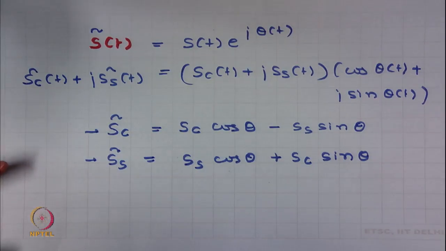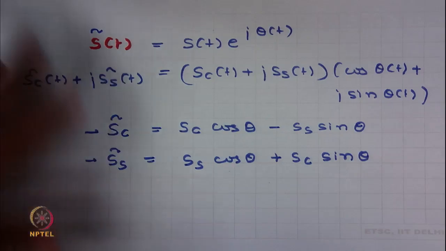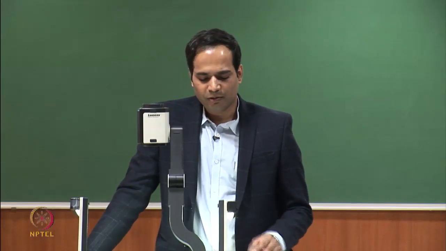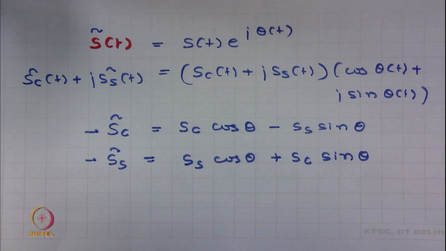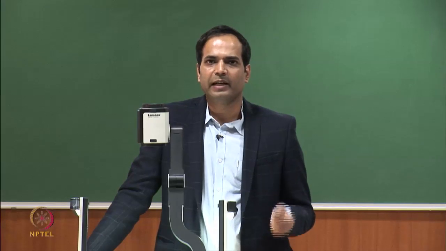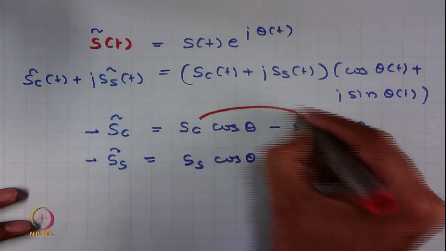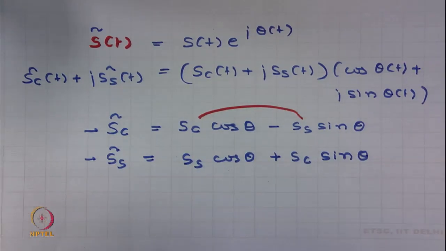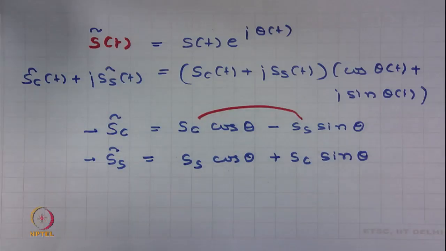Now, how to deal with this situation? When you want to deal with this situation, you assume some synchronization at the receiver. Synchronization can mean different things depending upon the context. Here what I mean is the transmitter can solve this problem. He can transmit a known value of SC and SS in certain duration, so the receiver knows when he is receiving the known value of SC and SS.